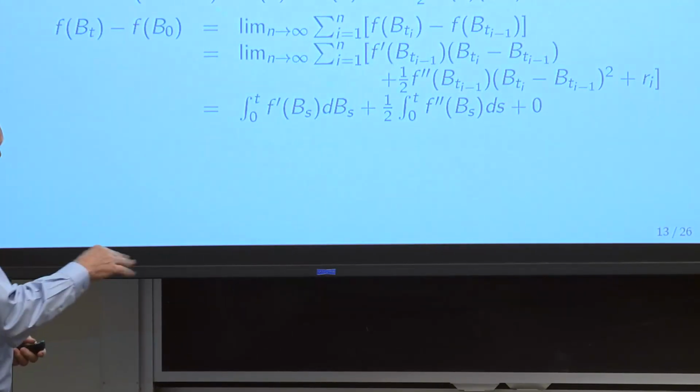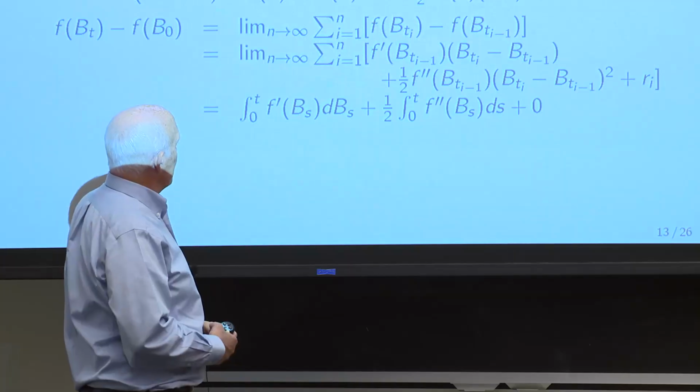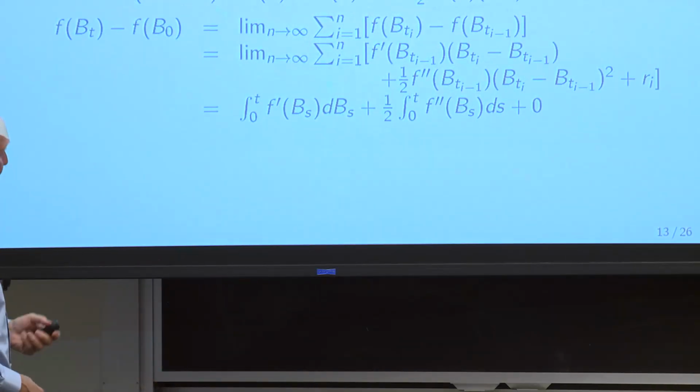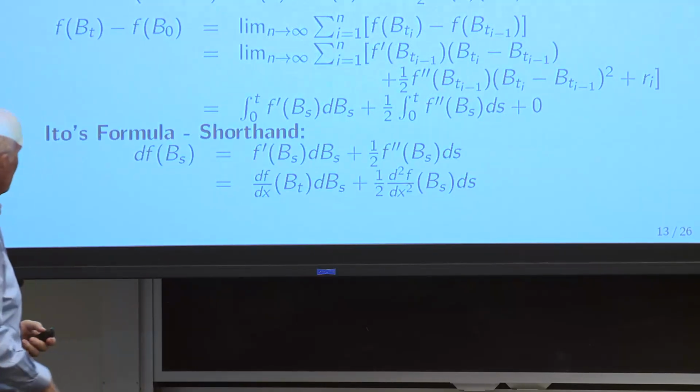If we take the limits of those, we get the integral of f prime dBs plus a half the integral of the second derivative. So Taylor series gives us this formula.